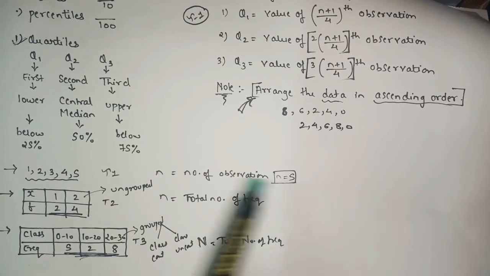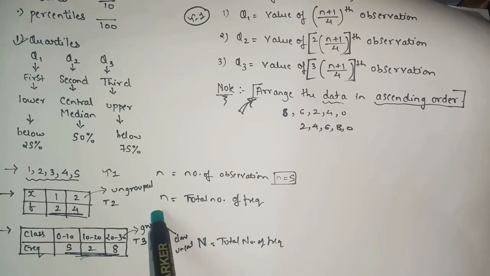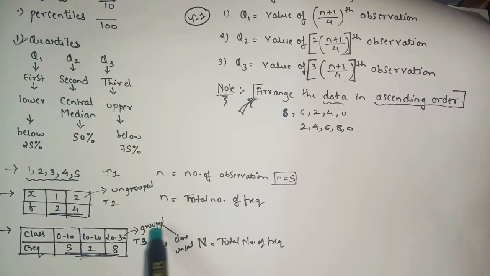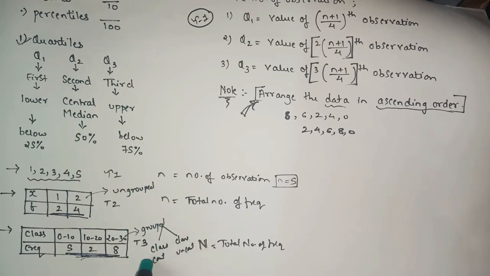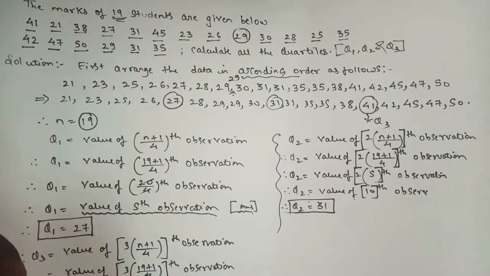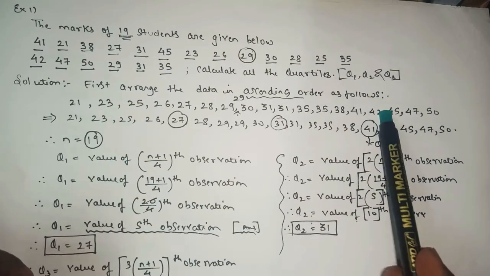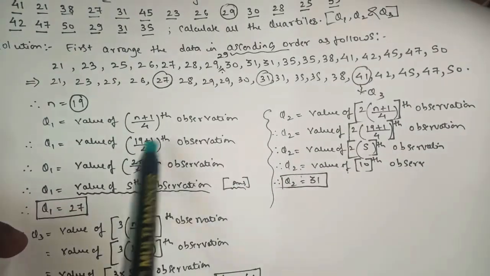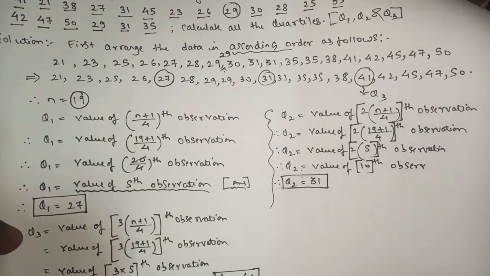Type number 3 is where the class is grouped, and in grouped data there are two types: continuous and discontinuous classes. In the example, we saw how to arrange the data in ascending order, apply the formula, and find the answer.